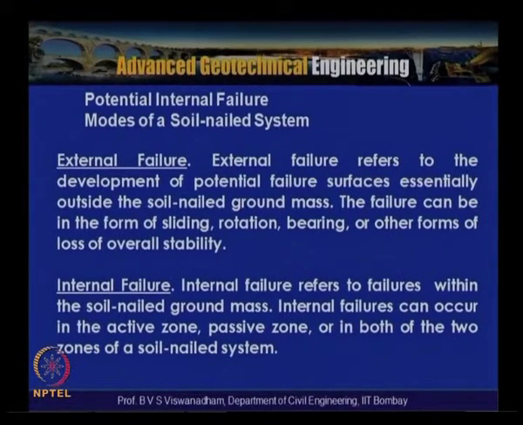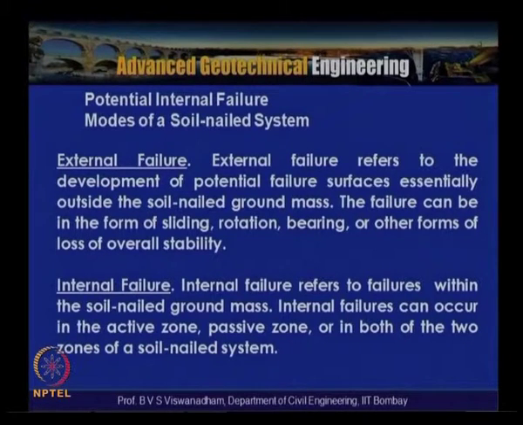The failure can be in the form of sliding, that means the entire soil nail block, up to the length to which the nails were installed, can slide. There can also be rotation or bearing failure, particularly if the ground housing this structure does not have adequate bearing capacity, or other forms of loss of overall or global stability.